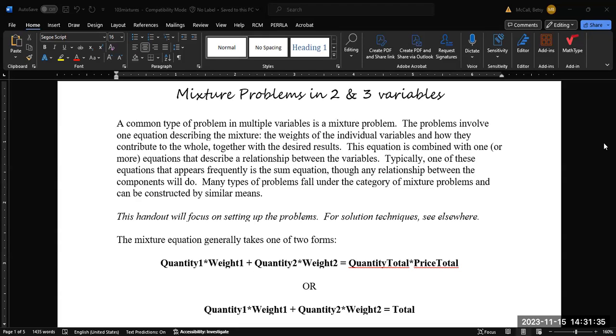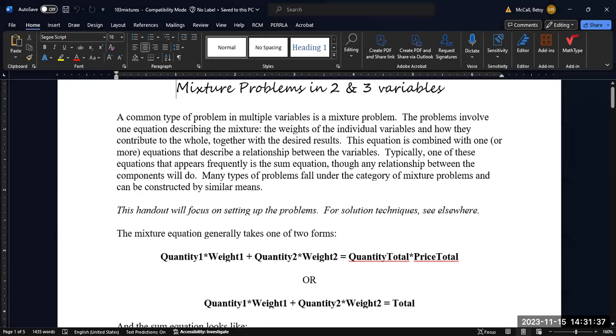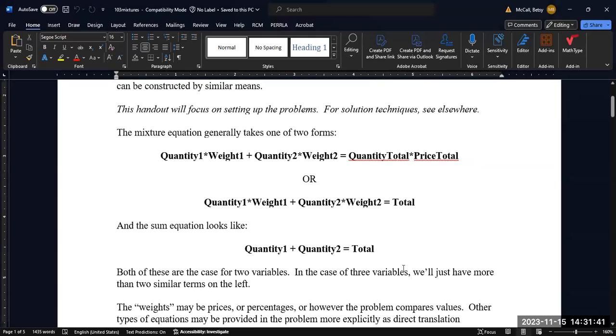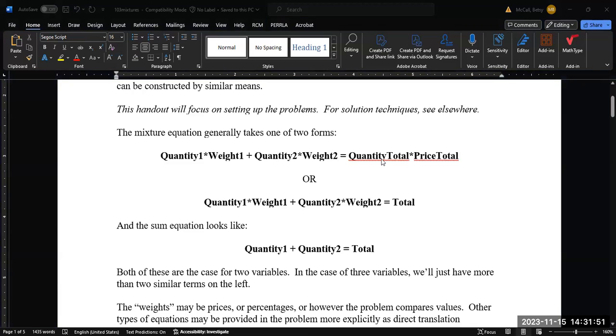Now, there are two main ways that these problems are described. In the 2 variable case, we have something like quantity times a weight, and then a second quantity times a second weight is equal to some sort of average weight times a total quantity.